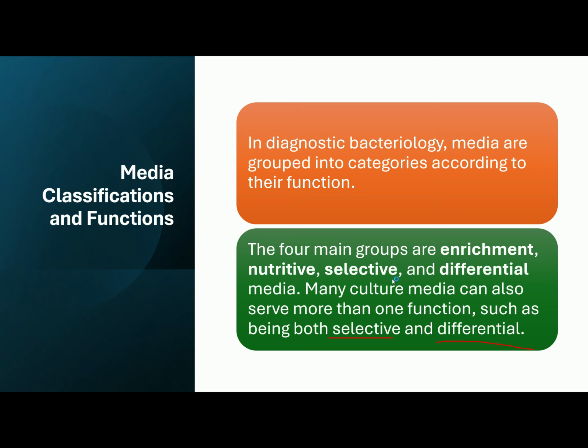So, although there are 4 main groups, there is also a chance that your media can serve 2 or more functions. One media can be both selective and differential. Another one would be nutritive and differential. Another one would be enrichment and selective. So it can be 2 or more.